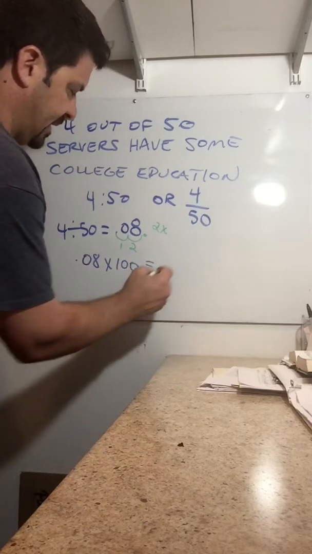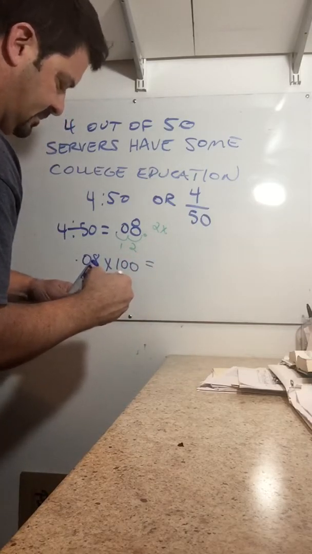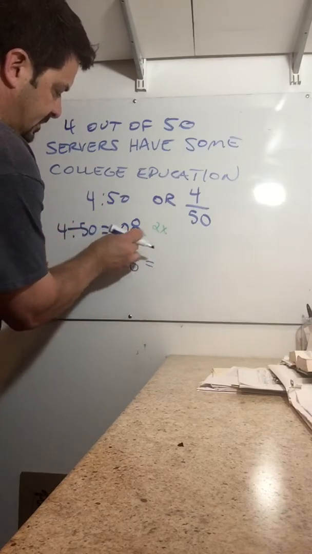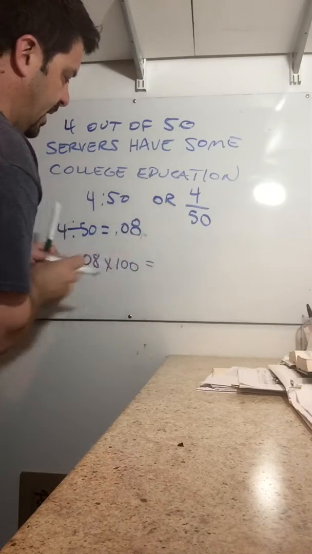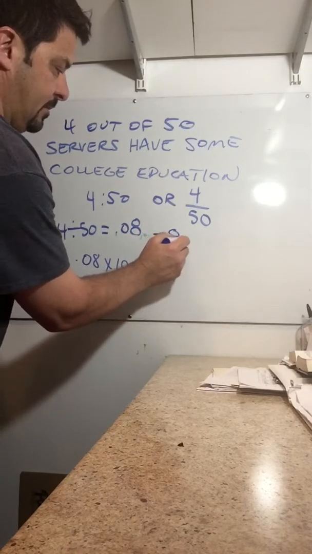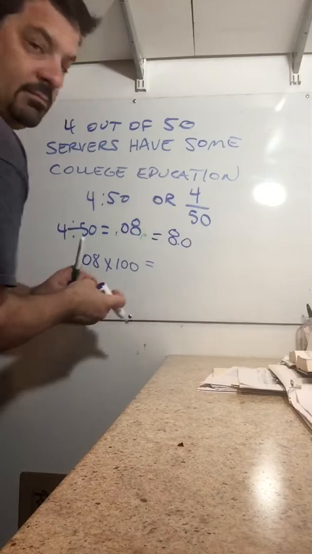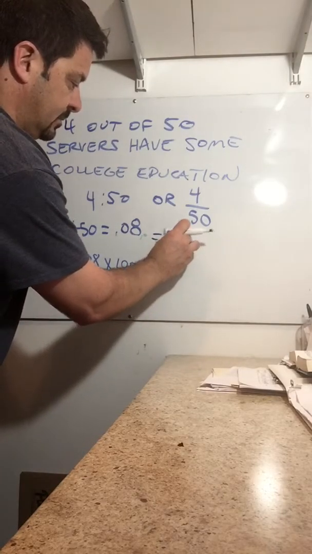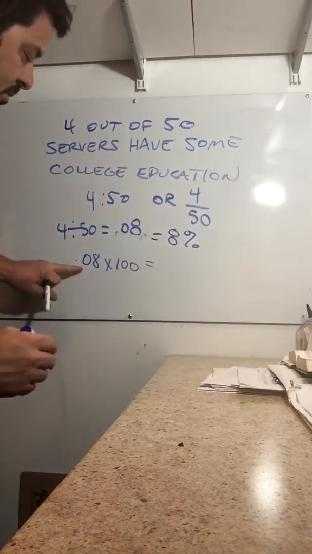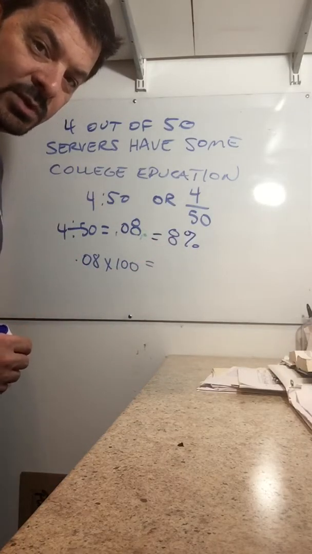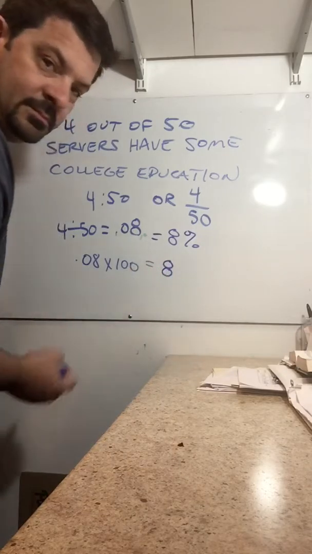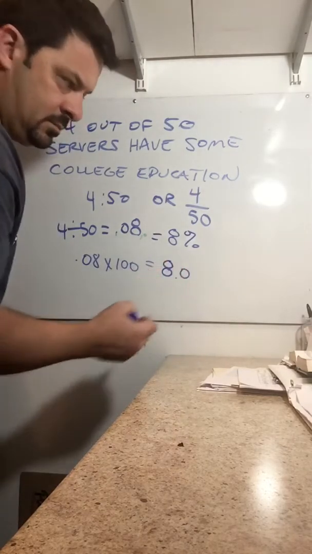And then what we do with that number once we get it, in this case, we can kind of just rewrite it, is 8.0 or just 8, same number. And then we add the percent sign. 0.08 times 100 in our calculator, we'll also get 8.000.